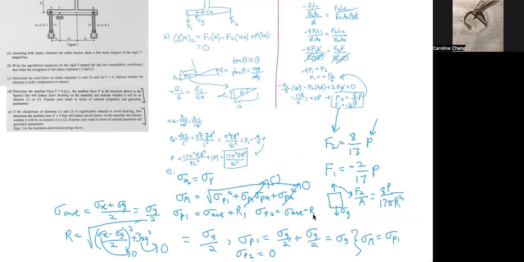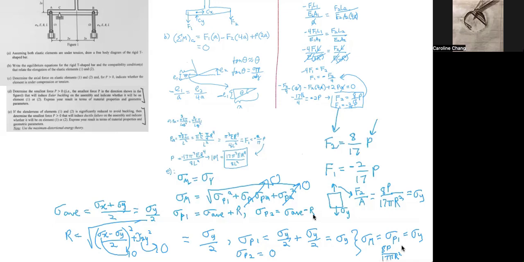principal stress 1. So principal stress 1 is then equal to sigma y, which is in turn equal to 8P over 17 pi r squared. So we can solve for P from here on.